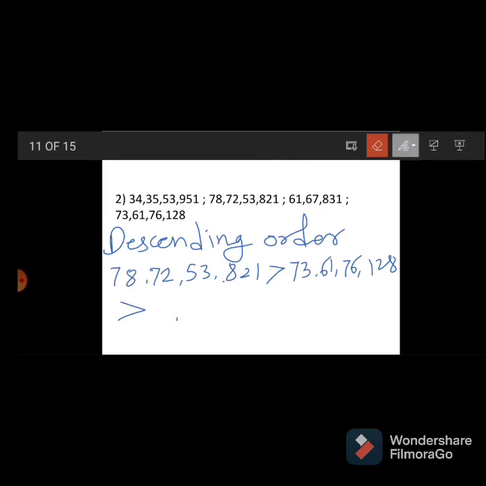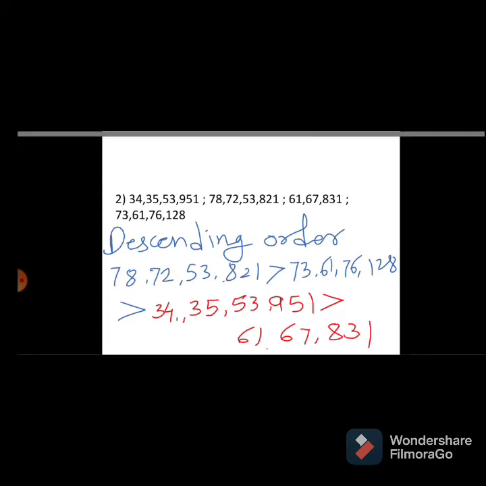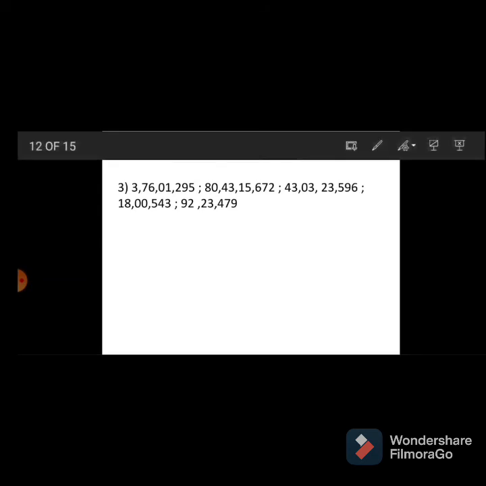Which number? 34 crore 35 lakh 53,951, and this is greater than which number? 61 lakh, yes, 61 lakh 67,831. Okay, and then see next example.